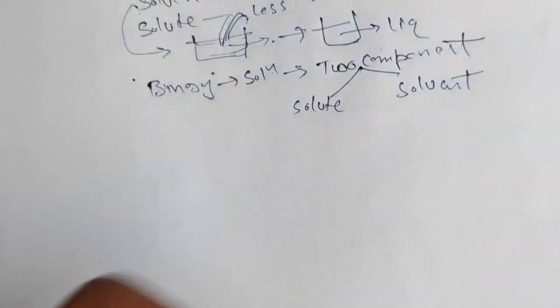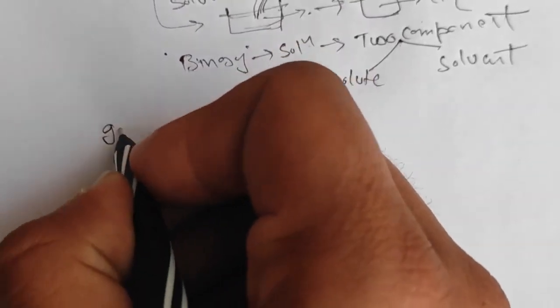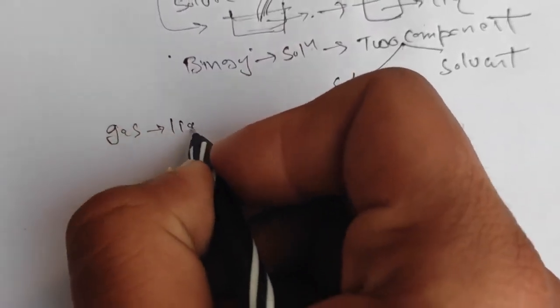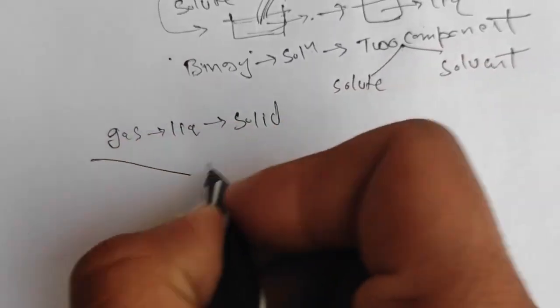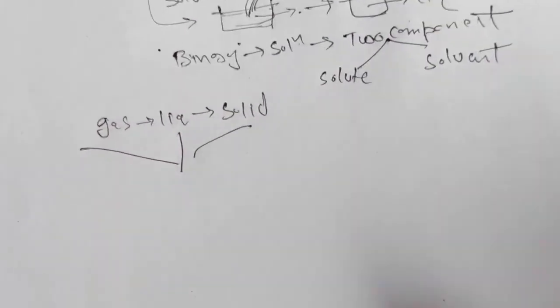Since we know we have three types of matter, first gas, second liquid, and third solid, we see some examples.